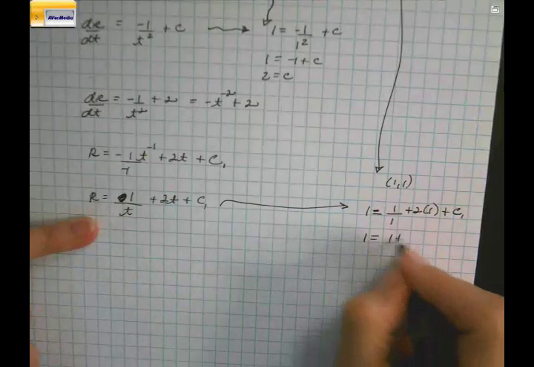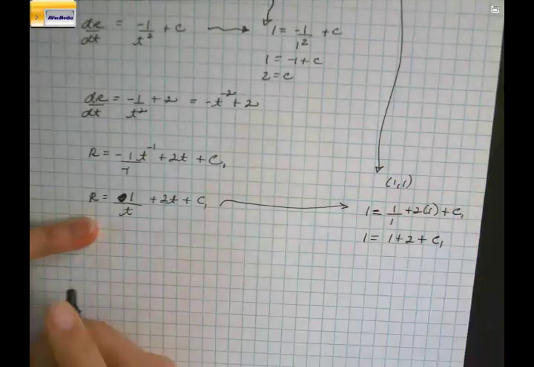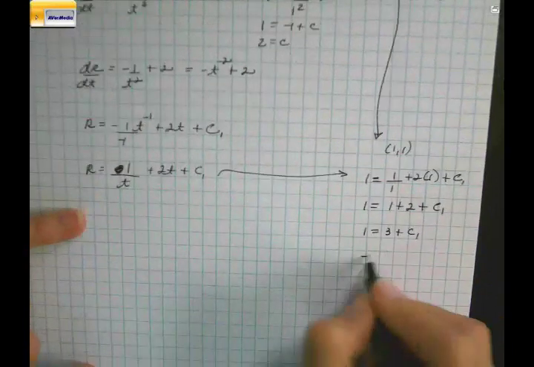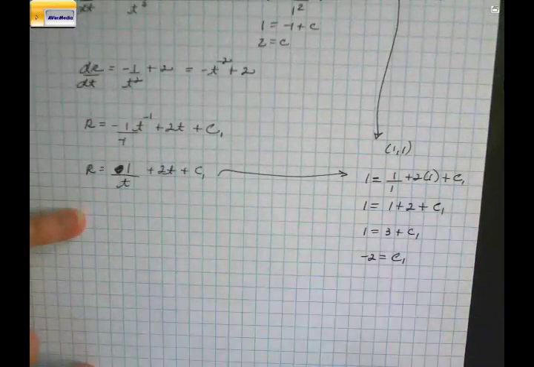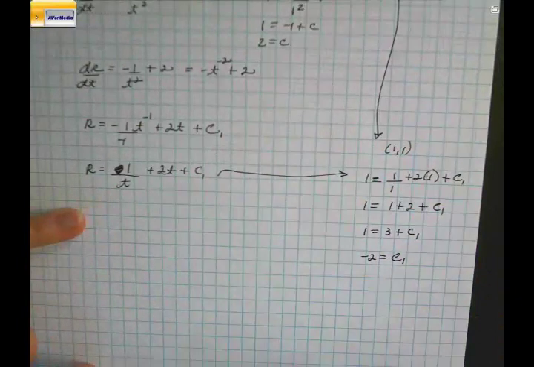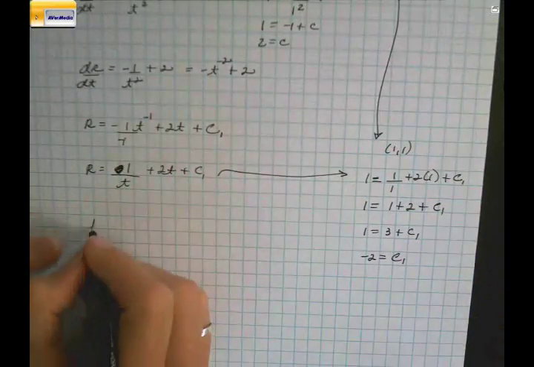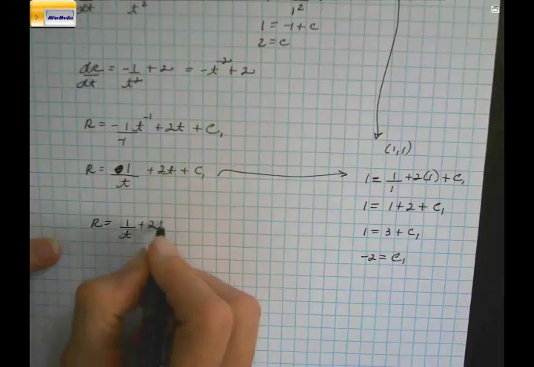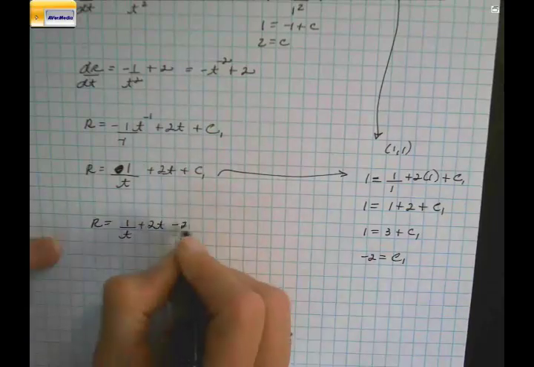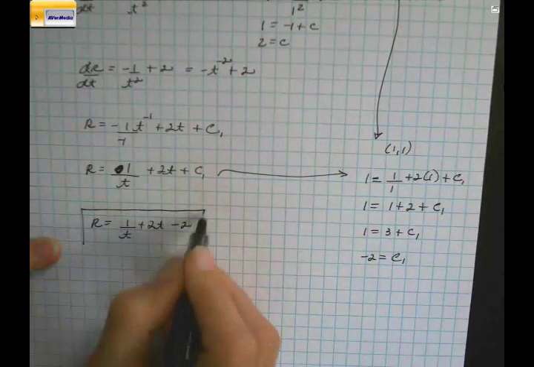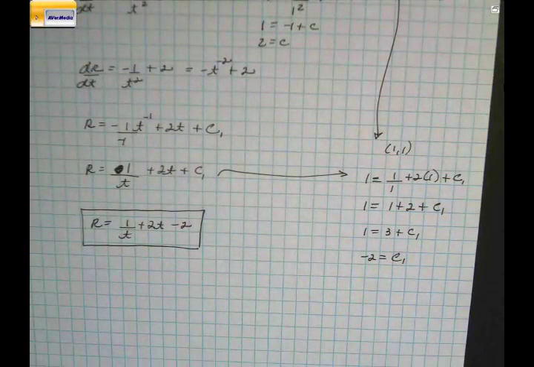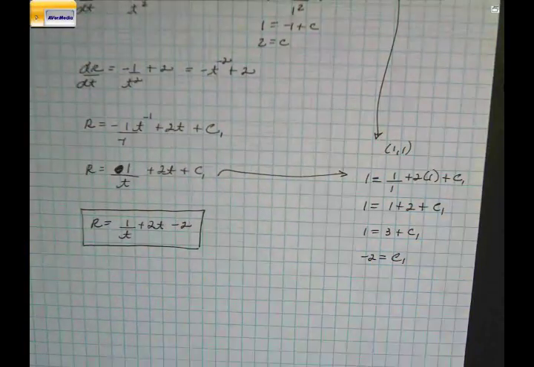So we have 1 equals 1 plus 2 plus c sub 1. 1 equals 3 plus c sub 1, or negative 2 is c sub 1. So the grand answer is that r equals 1 over t plus 2t minus 2, because they gave me so much initial value information.